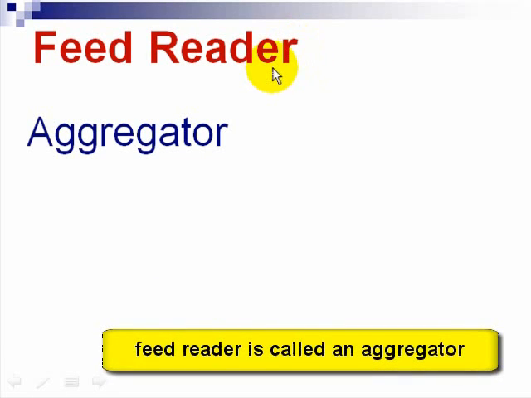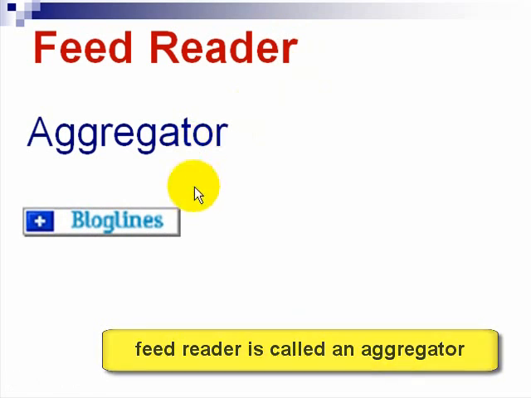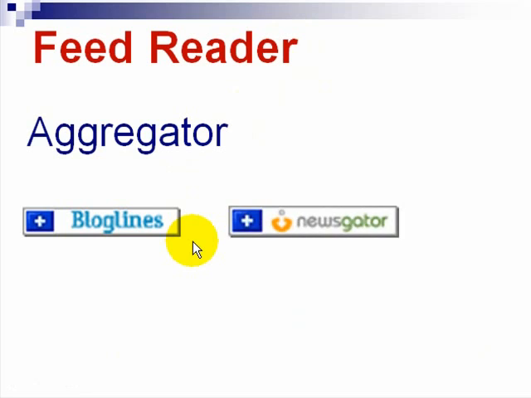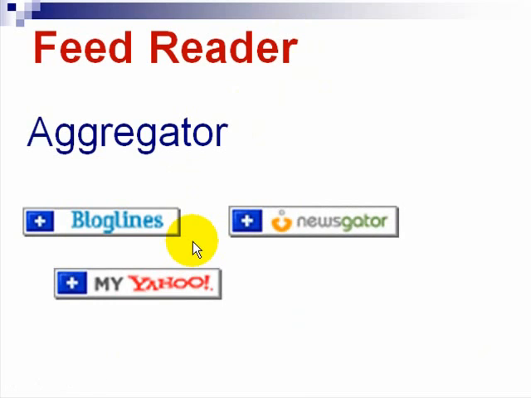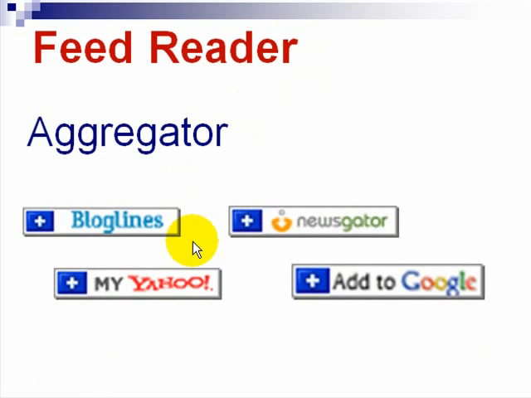Okay, in order to read the feed, we need a reader. And these readers are commonly known as an aggregator. And some popular readers, in addition to the browser, we have Google Reader, Yahoo has a reader, and we are going to learn about Bloglines in this class.